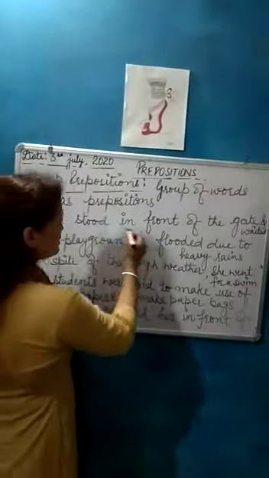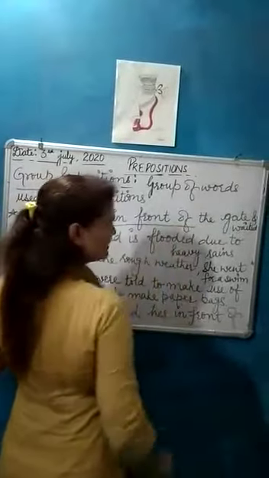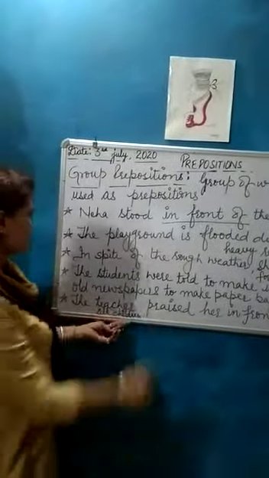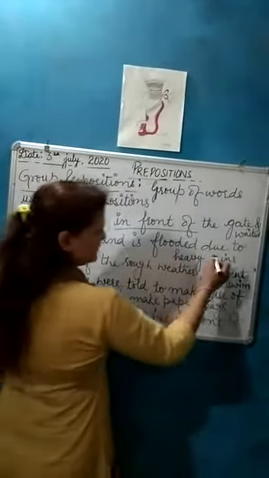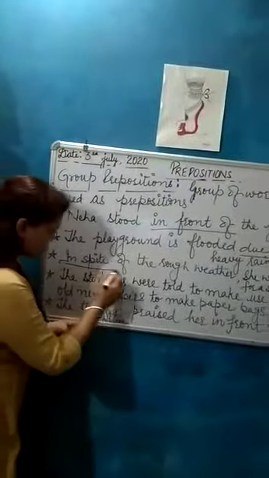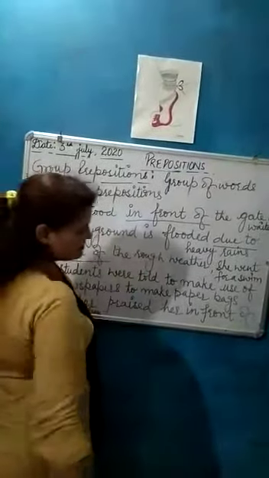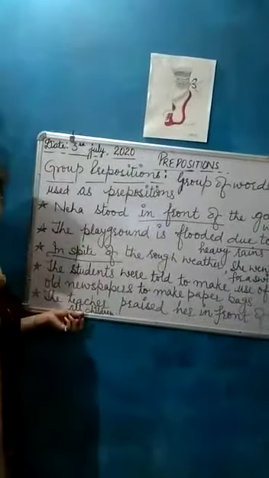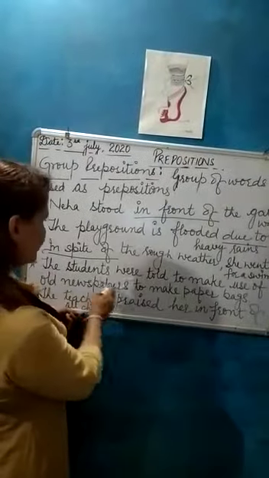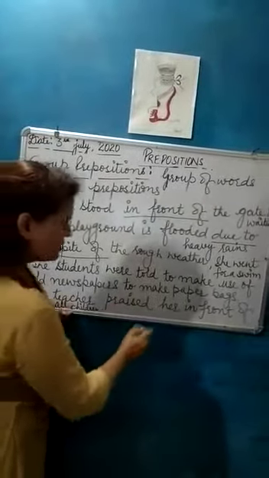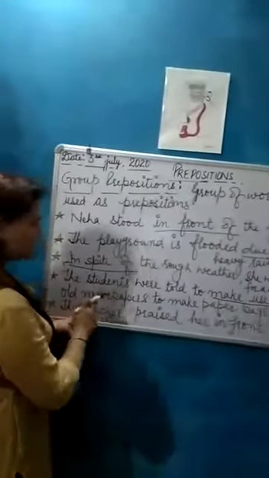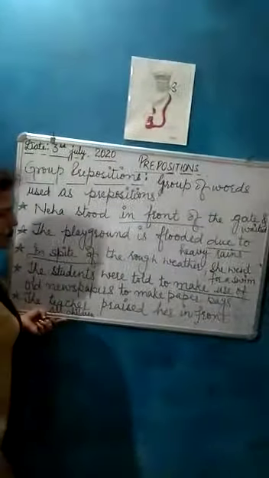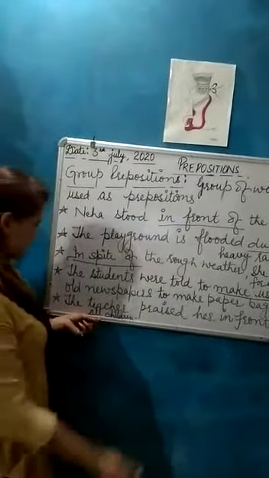Neha stood in front of the gate and waited. The playground is flooded due to heavy rains. In spite of the rough weather, she went for a swim. The students were told to make use of old newspapers to make paper bags.